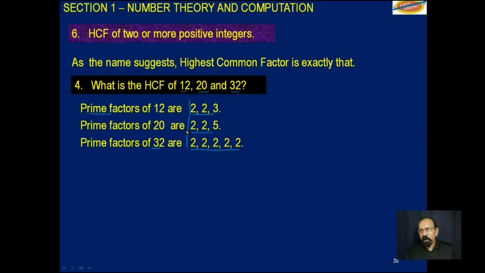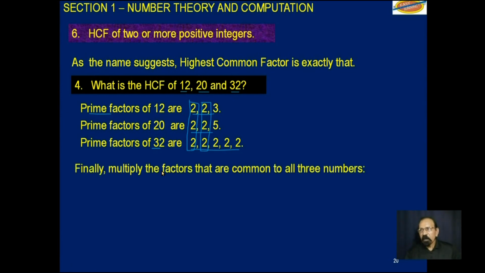Well, we have a 2 here, and we have another 2 here, and that's about it. So you multiply the factors that are common to all 3, and in this case, it is 2 times 2, which would give us 4. So the HCF of 12, 20, and 32 is 4.